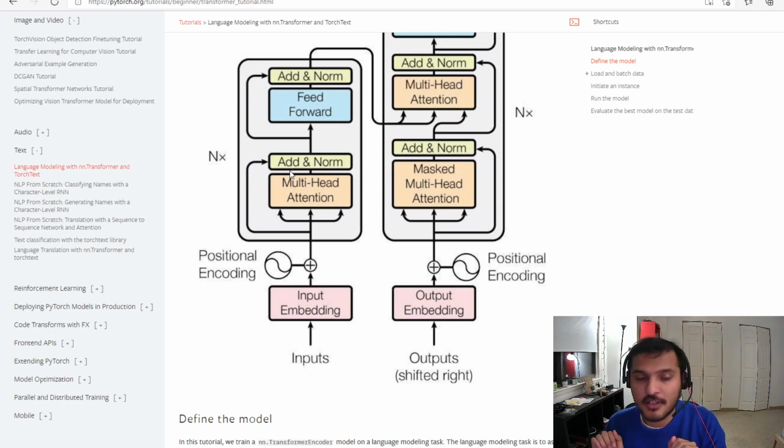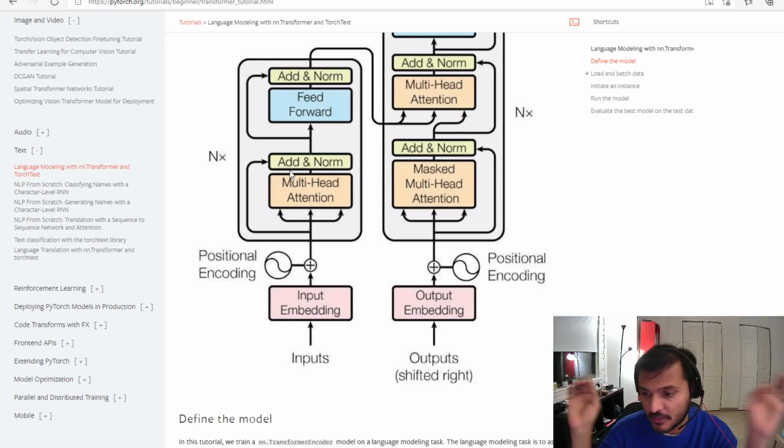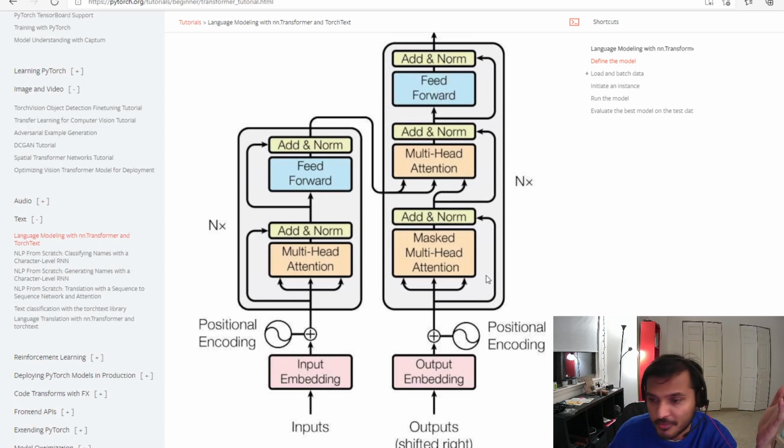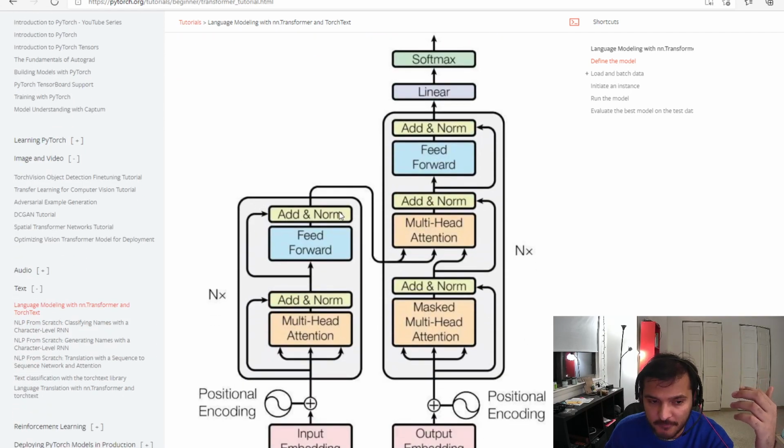They're not sequential, so they can be parallelized, and then they model these long connectivity or correlation between two words or objects or things, depending on what you're feeding to the network. So that's why attention transformers are pretty cool. Of course, them being cool makes them very computationally expensive as well. So this is the original encoder decoder transformer.